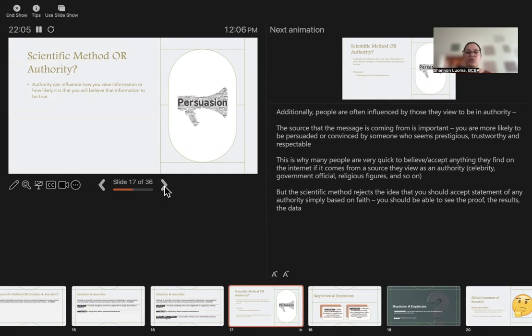But the source that the message is coming from, when you hear a message, the source is the person that it comes from. So you are more likely to be persuaded or to be convinced that something is true, that what they're saying is accurate, if they seem prestigious to you or trustworthy, or you think they're respectable, or they have some level of authority that is leading you to believe that they should be believed.